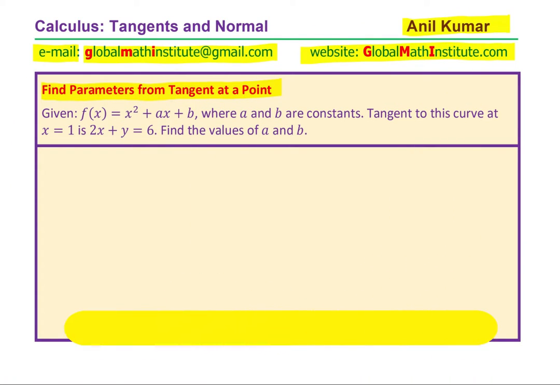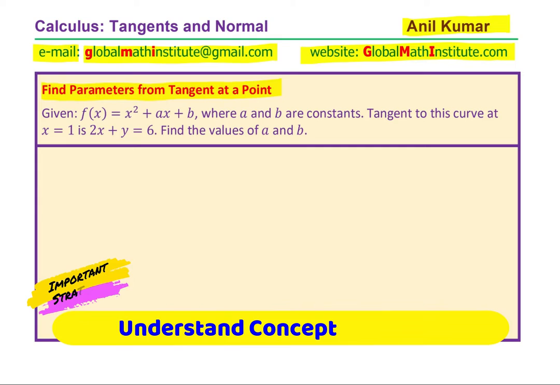Now let's try to understand the solution of this particular question. We are given a function which is f of x equals x squared plus ax plus b. So a and b are unknown.